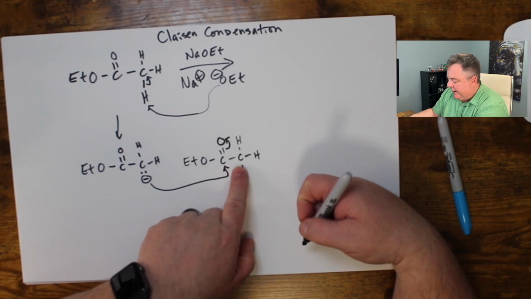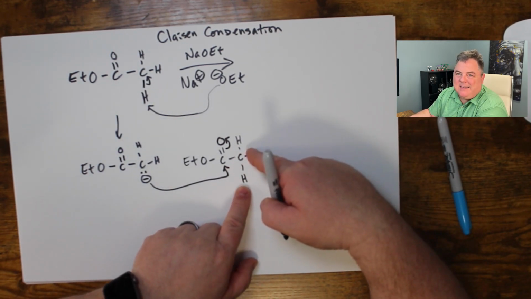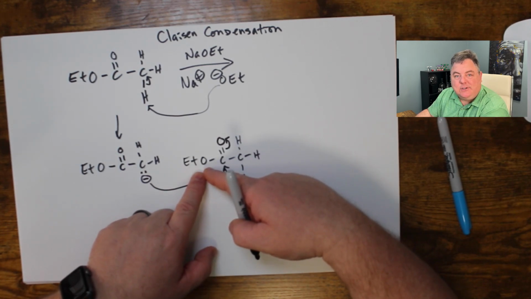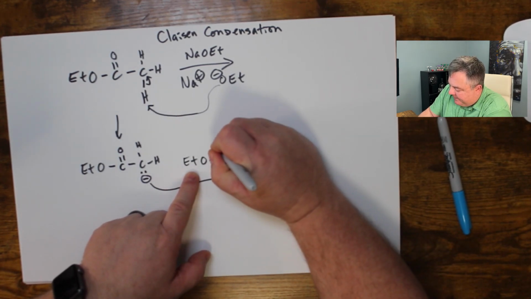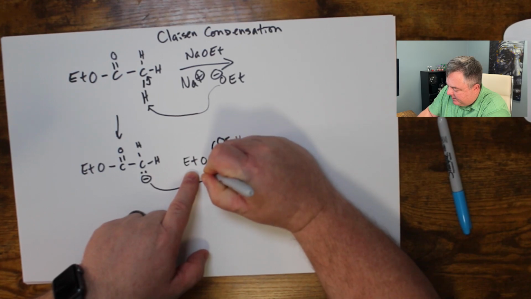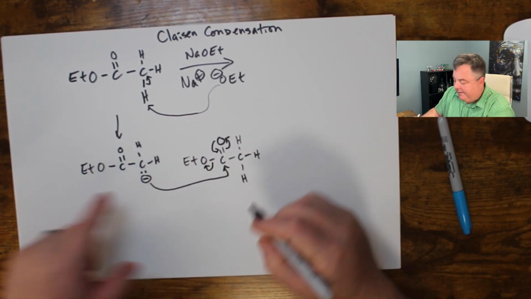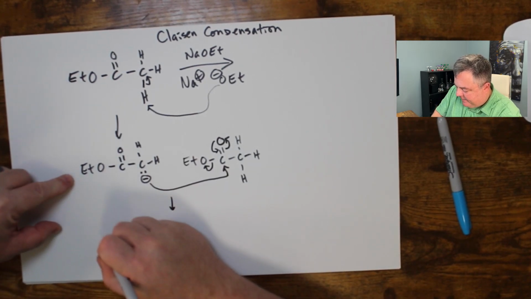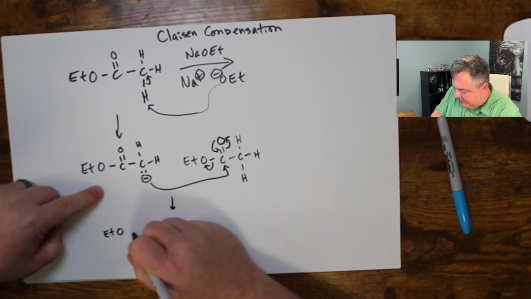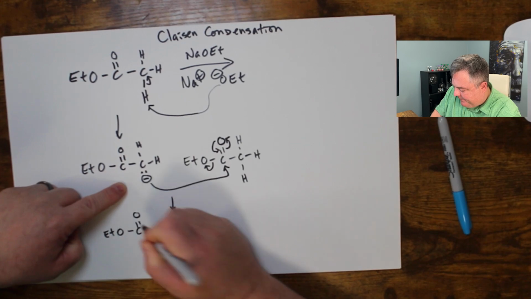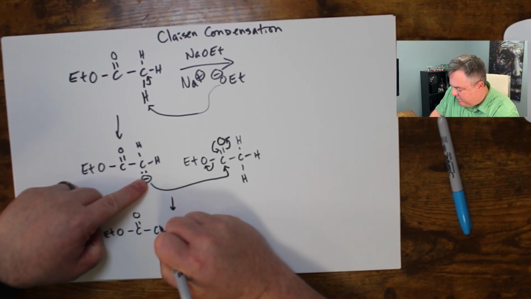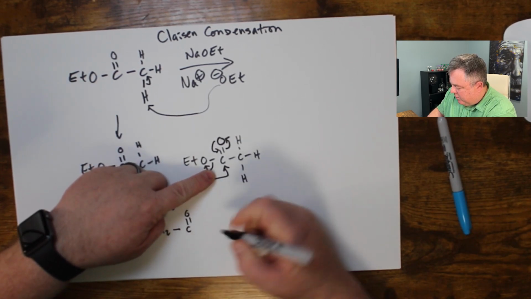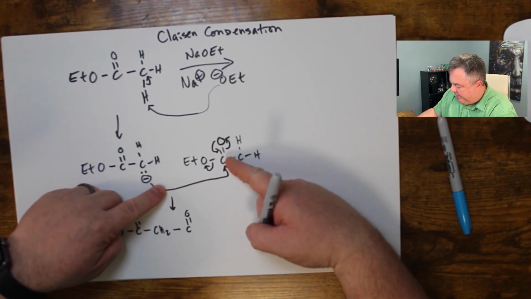Well, let's look at this side. We have a carbon group. That's not a good leaving group. But on this side, we have an oxygen from my ester. So the electrons can come back down and kick off this pretty good leaving group. It's an okay leaving group. So now I have ethyl, oxygen, carbonyl, CH2, and it's bonded to a C double bond O because I reformed my carbonyl.